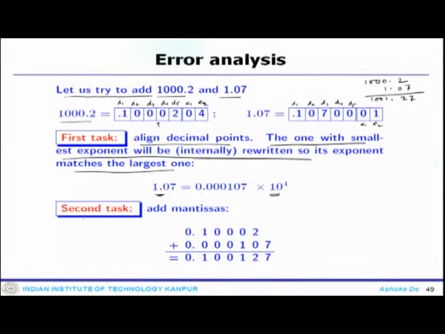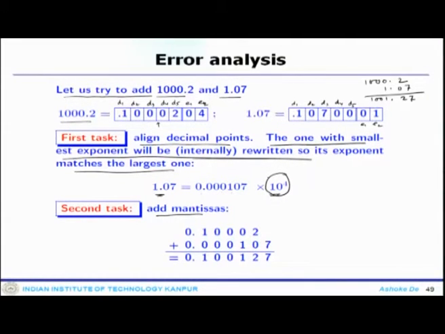Now, the second task is that we add the mantissas. So, the mantissa for this case was 0.000107, and the other case 0.10002, and while doing this we have taken the exponent part as constant.